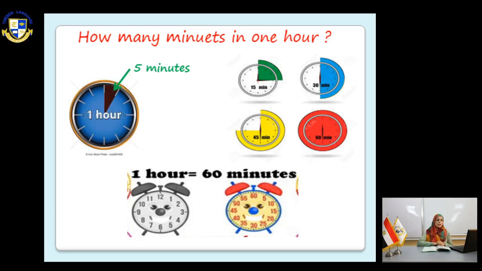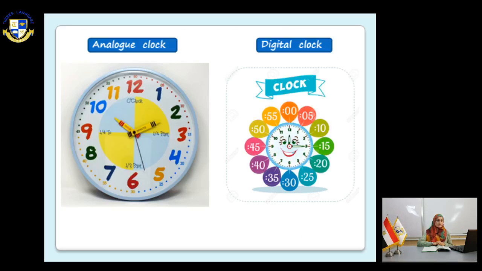In the next page, how many minutes in 1 hour? You have 1 hour equals 60 minutes. In this page, you can see the analog clock and the digital clock. The analog clock starts from 1 hour to 12.